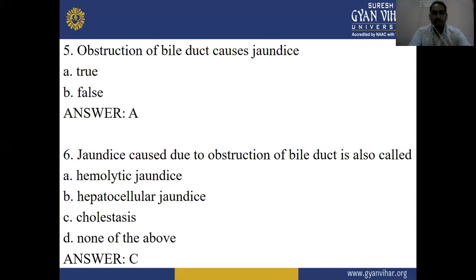Next one: jaundice caused due to obstruction of the bile duct is also called option A, hemolytic jaundice, option B, hepatocellular jaundice, and option C, cholestasis, and option D, none of the above. The right answer is C. Cholestasis is caused by obstruction of the bile duct.